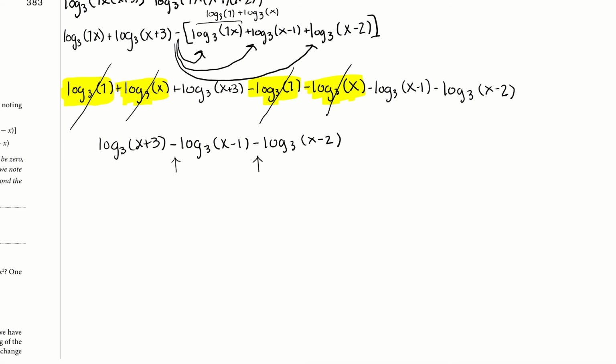So one thing I could do is start here with log base 3. Since this one is addition, it's positive, so it will be on the top, and I have a subtraction here, so it will be x minus 1.